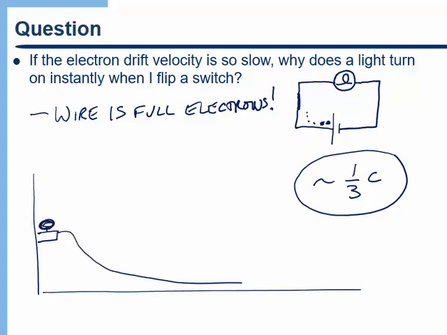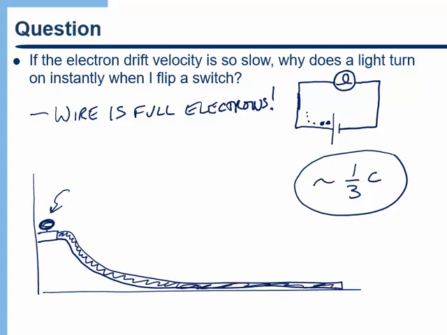So if I connect my garden hose to an outdoor faucet, if it's the first time I've used that garden hose in a while, I turn on the faucet and it takes a long time before water starts coming out. On the other hand, if I've just used it recently, then the hose is still full of water.